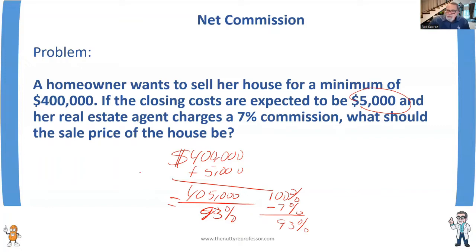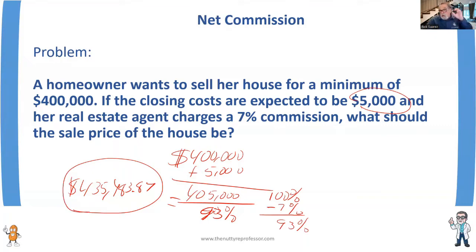And when you do that, you get a sales price of 435,483.87. This is the minimum amount that he or she could sell the house for in order for the seller to walk away with a check that says 400,000, because that's usually what a net commission is.